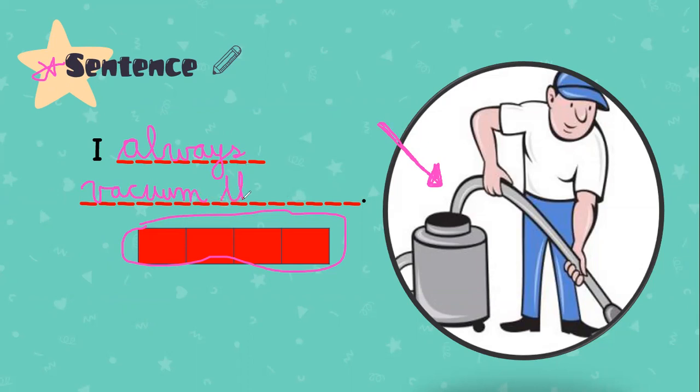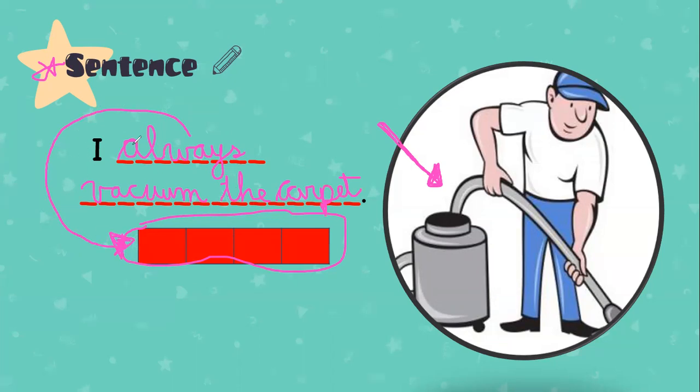The carpet. So look there. That is the sentence. I always, look here. I always vacuum the carpet.